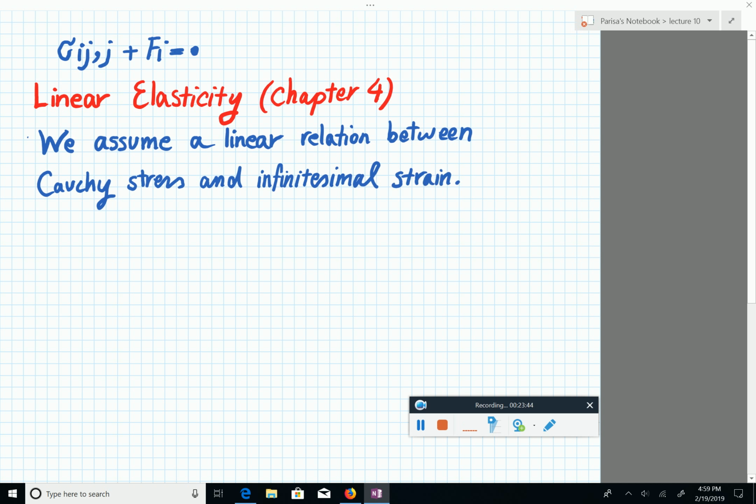I told you before that when you talk about anything linear, it's linear in something.